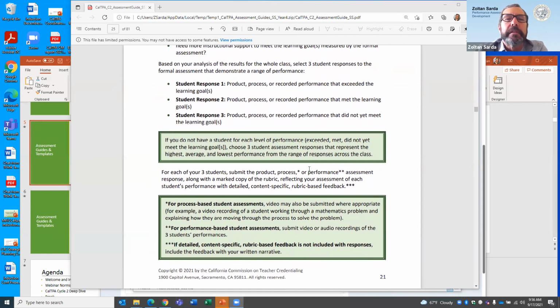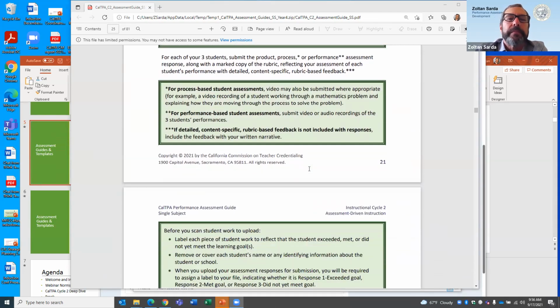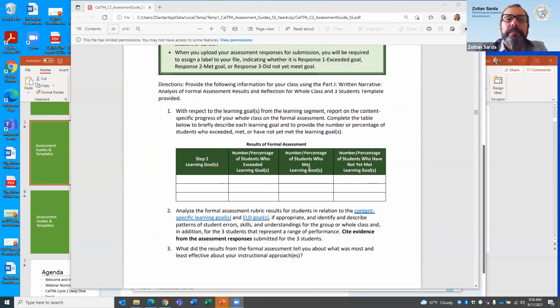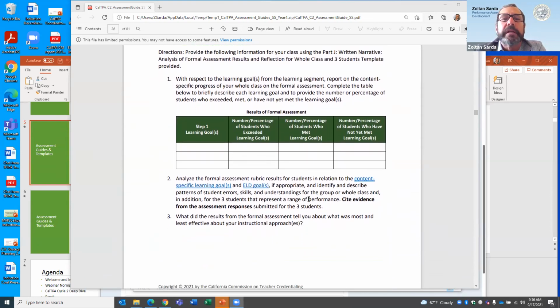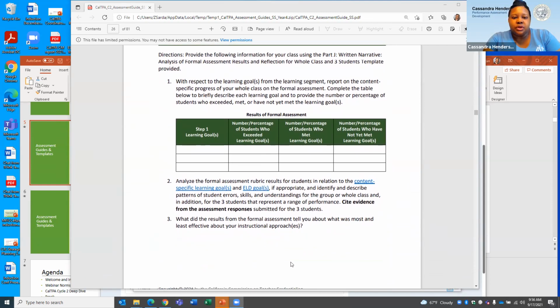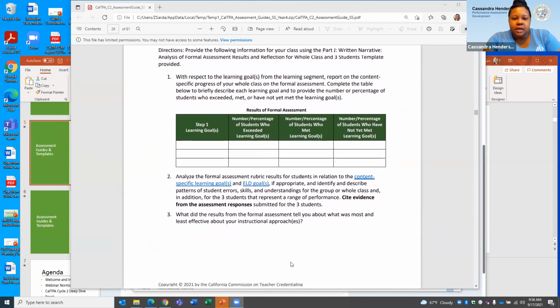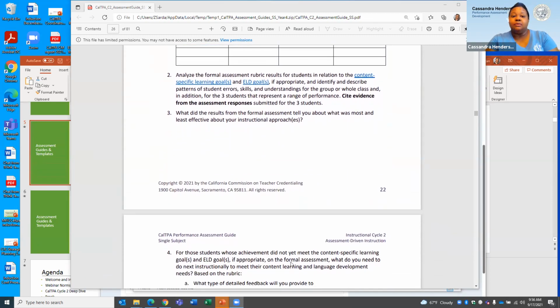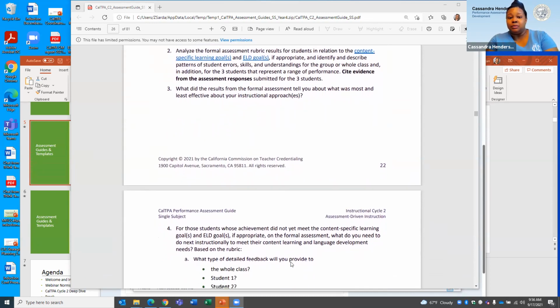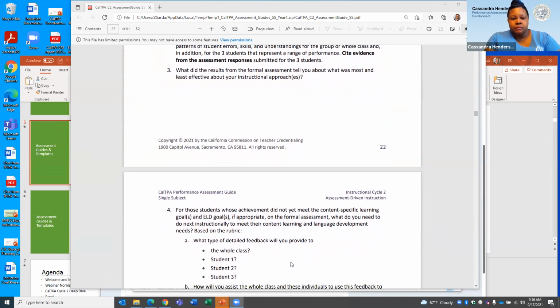Also key here is that they are selecting 3 student responses: one from a student who exceeded the learning goals, one who met them, and one who did not meet them yet. They will share the results of the formal assessment with respect to the learning goal, and talk about why one student met, one exceeded, and a third did not meet.